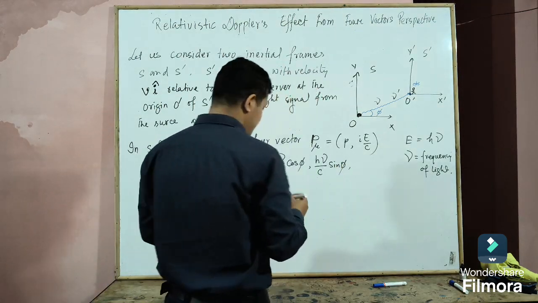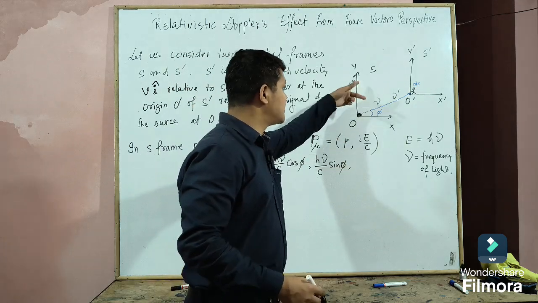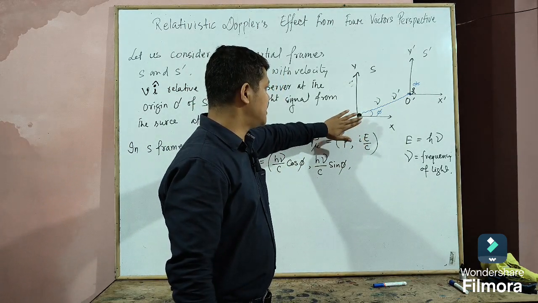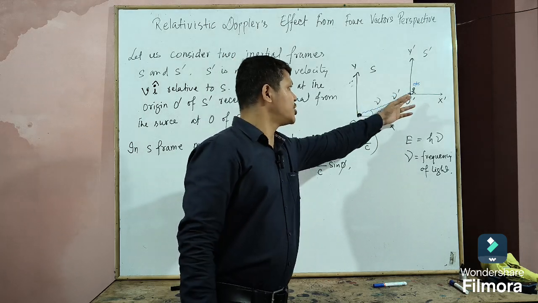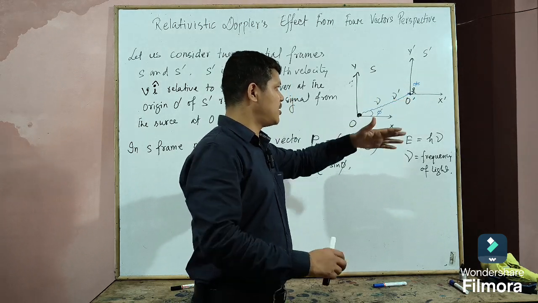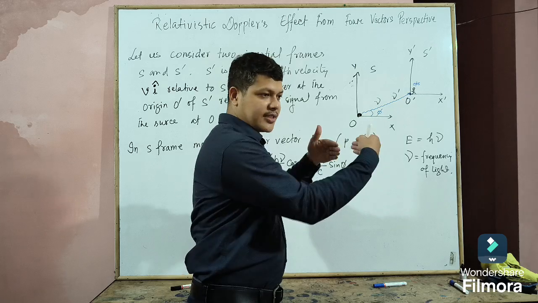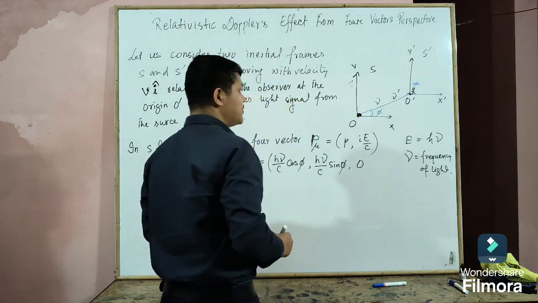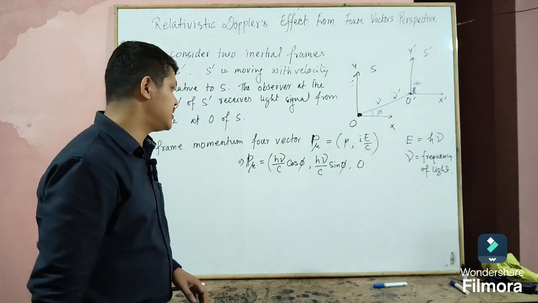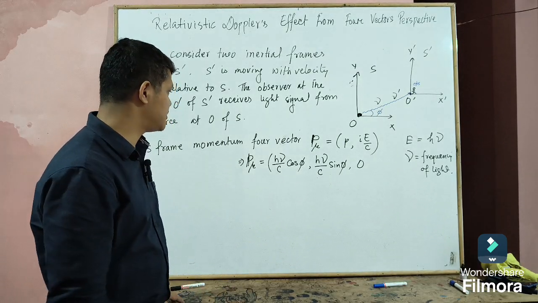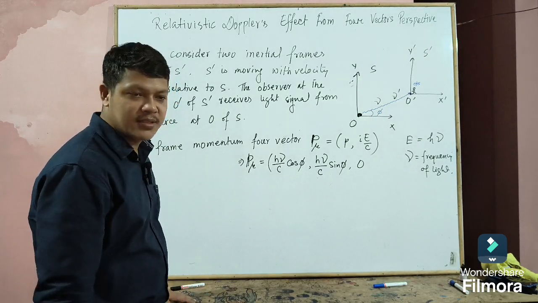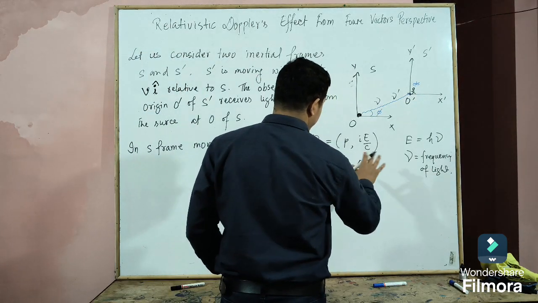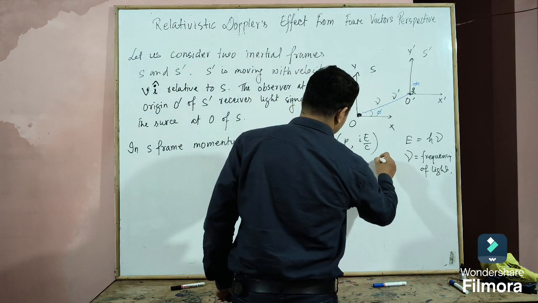Then here you see we are considering only two axes for simplicity. So its motion is on the xy plane, not along the z axis. That's why the z component of the momentum will be 0, and the time component is i.